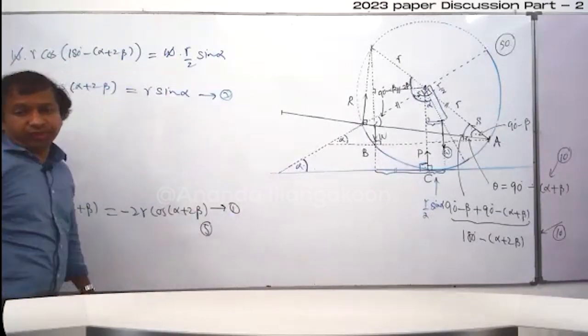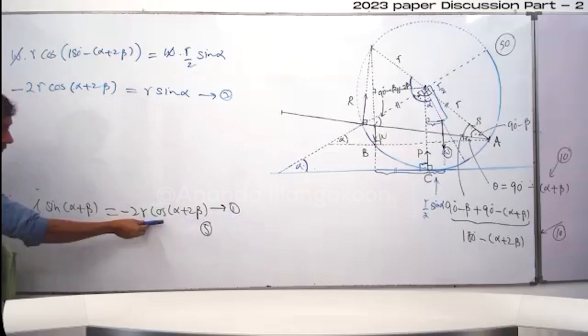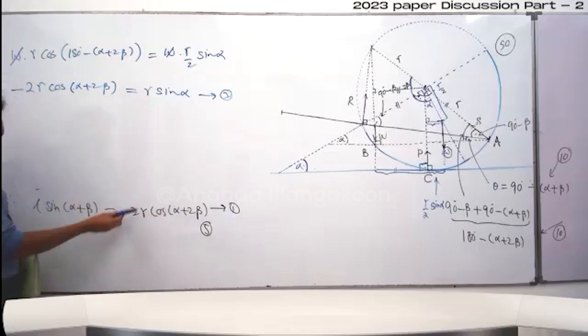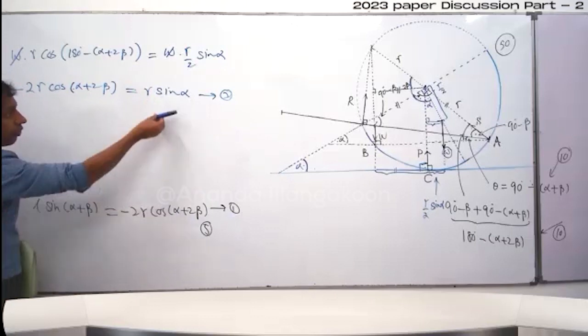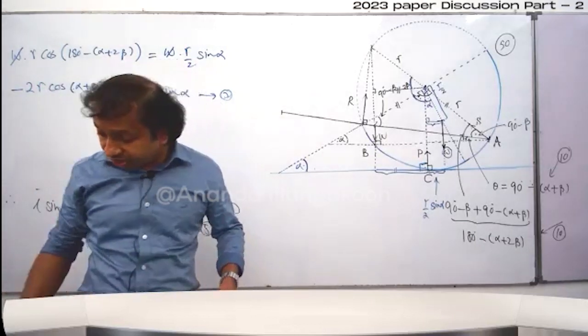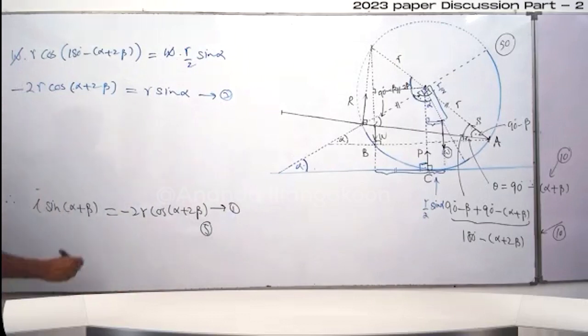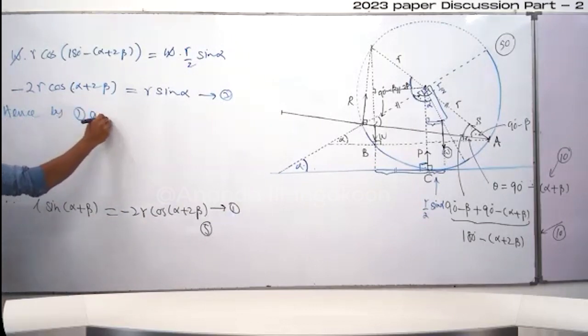Now you can see something in number 1 and number 2, people. In number 1, minus 2R cos (L plus 2 beta). In number 2 also that is available. Then this equals this. This one equals this. Therefore, what can I say? This equals this. Thereby, you get the first answer. Understood? That is what is asked to show, people. Then you can write, by 1 and 2, hence, now you get this answer.